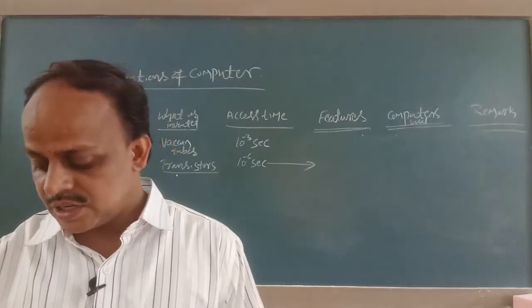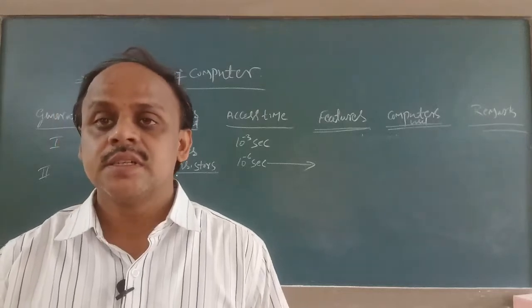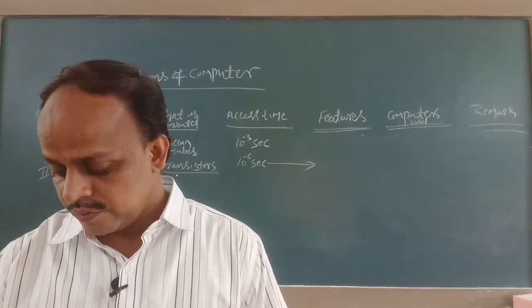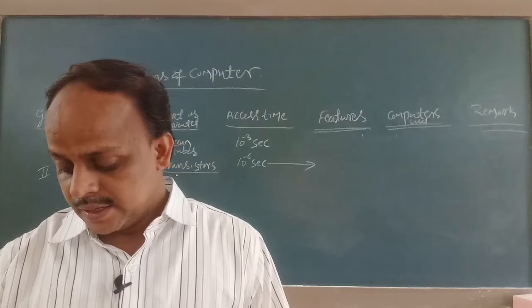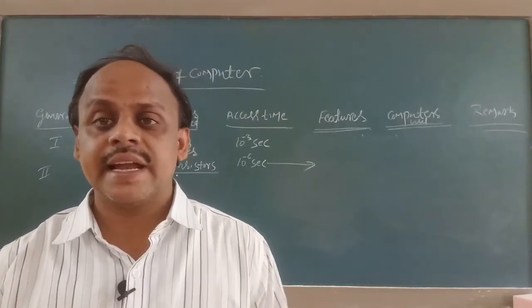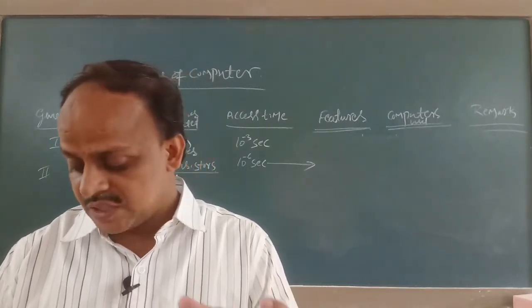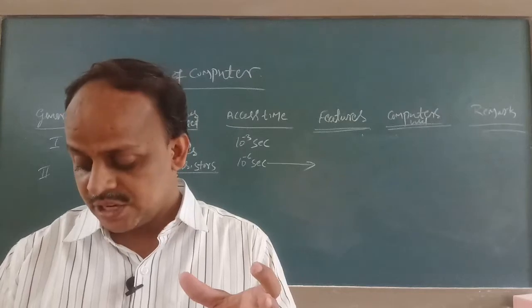In the second generation, transistors were used for internal operations, magnetic core were used for memory, magnetic tapes, discs were used for a secondary memory purpose, and high level language was introduced in the second generation.